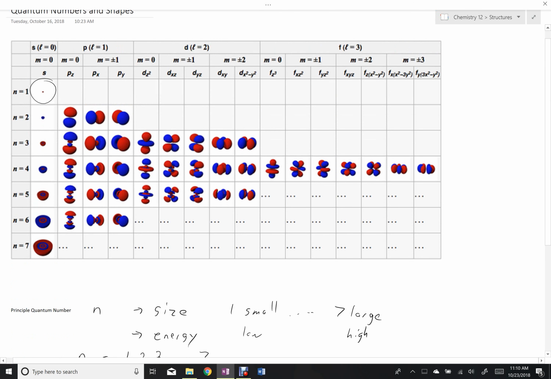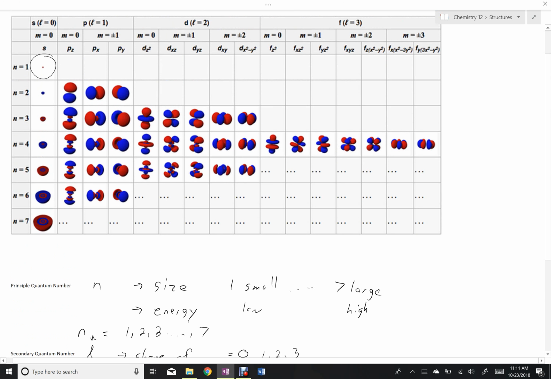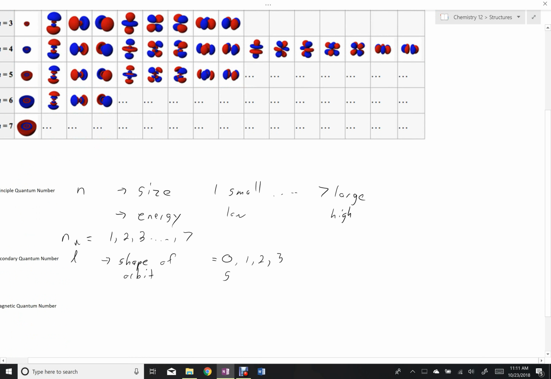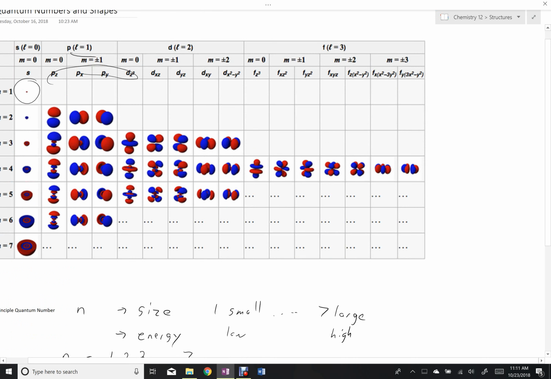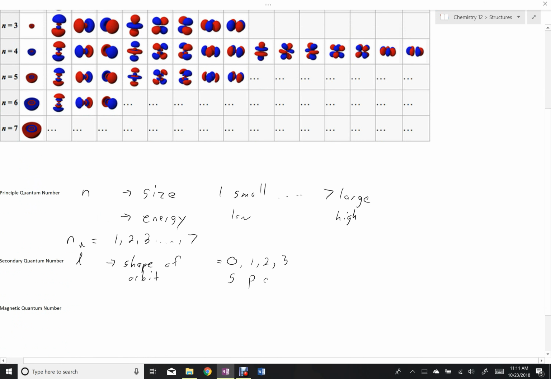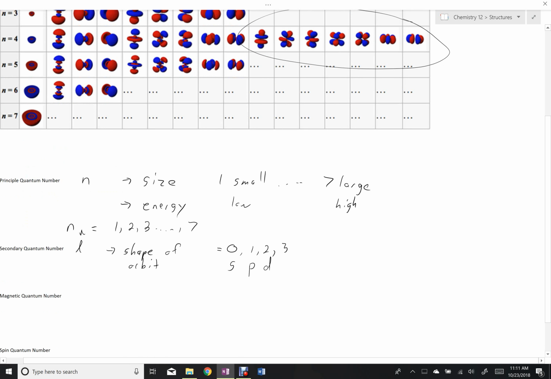So here, for the sphere shape, we use L equals 0. For the dumbbell shape, or the P's, we use L equals 1. For the D's, we use L equals 2. And for the F's, we use L equals 3.